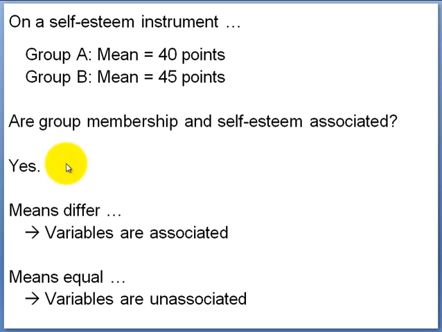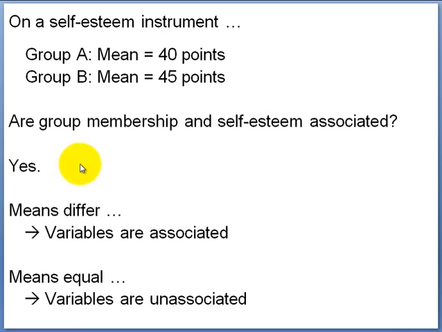Basically, when one variable is categorical and the other is numeric, and we're going to assume that the numeric variable is the dependent one, one examines means to assess whether relationship is present. So if the means differ, there is relationship. If the means are equal in different groups or different categories, then there's an absence of association. So here we have a difference in means, and therefore we have relationship.